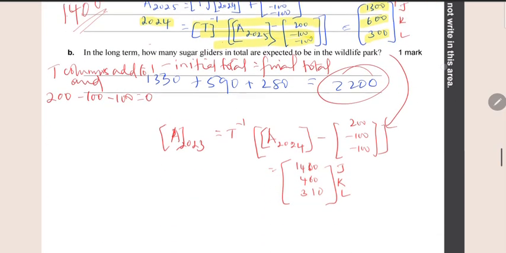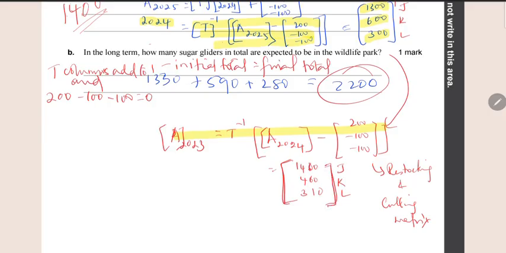Now you go backwards and do the same calculation: A 2023 is T inverse times A 2024 minus this addition and subtraction. This is a restocking and culling matrix, okay? And it gives me the answer, as you can see over here.